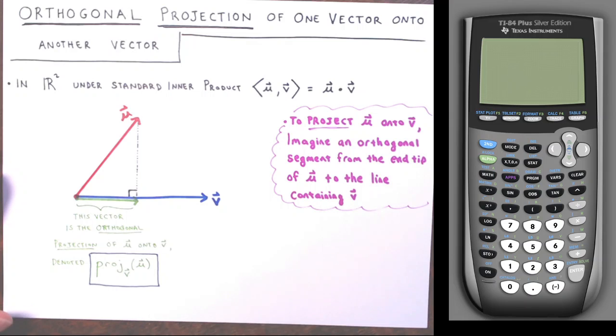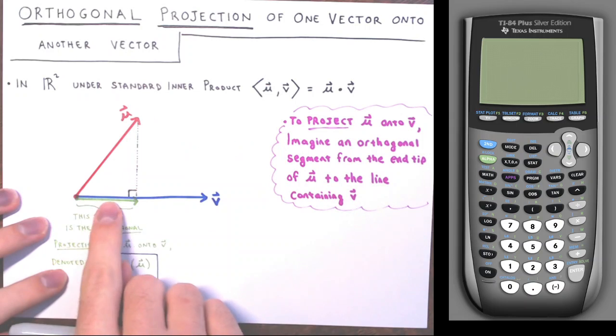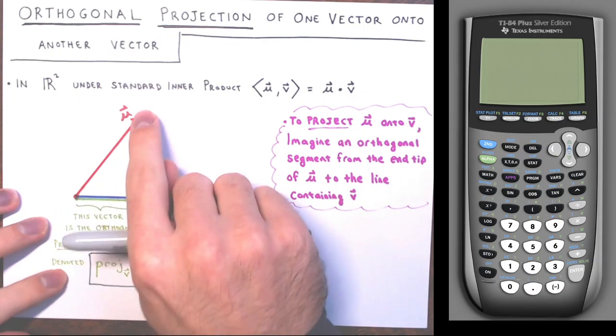All right, so if I have two vectors in R2, and suppose I drew those vectors both starting from the same initial point, maybe from the origin or something. So I've got vector u here and vector v here.